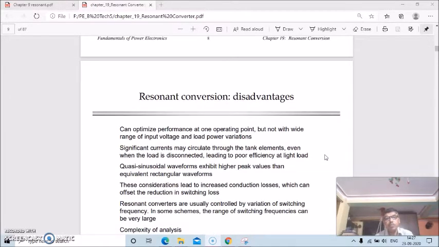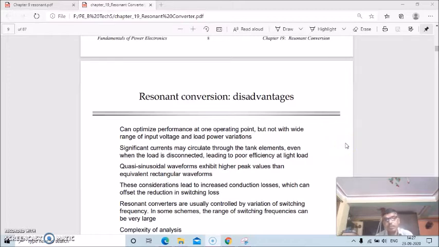Resonant conversions of course have some disadvantages. One can optimize the performance at one operating point, but not over a wide range of input voltage and load power variations. Significant currents may circulate through the tank elements even when the load is disconnected, leading to poor efficiency at light load.